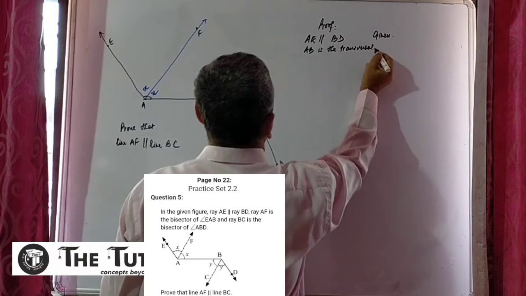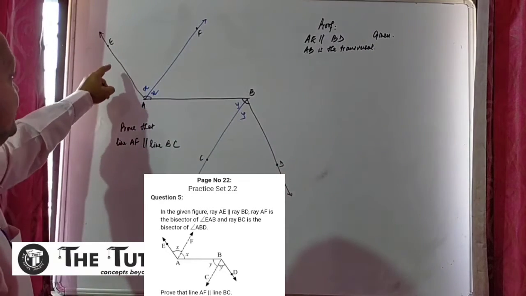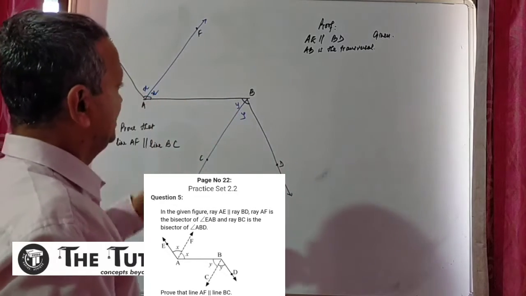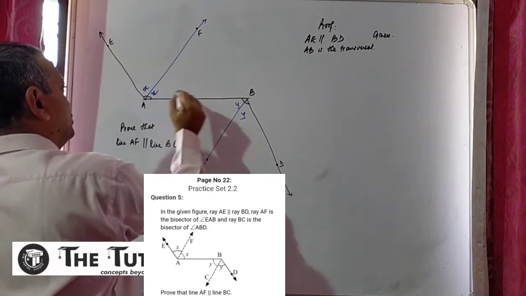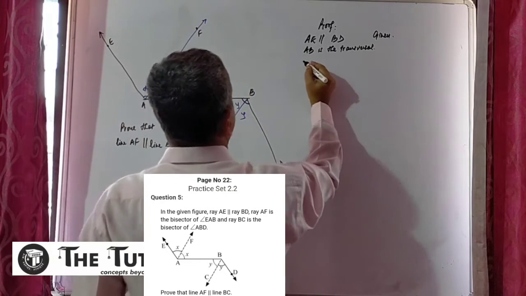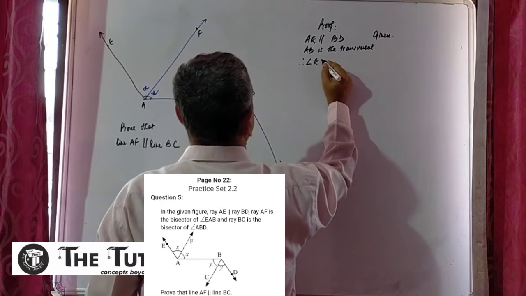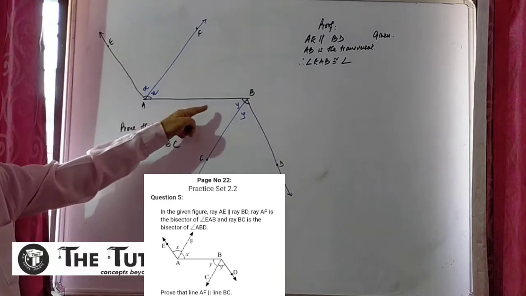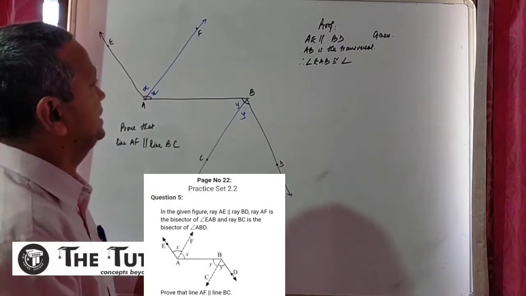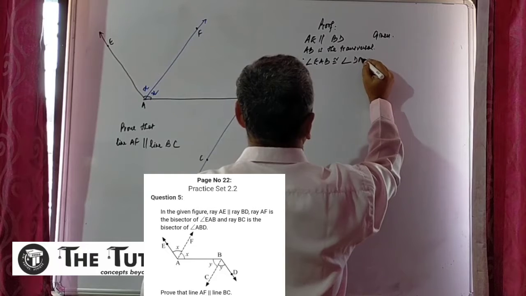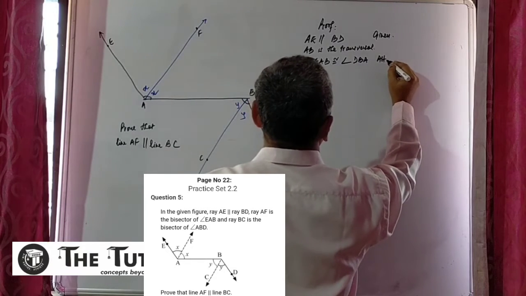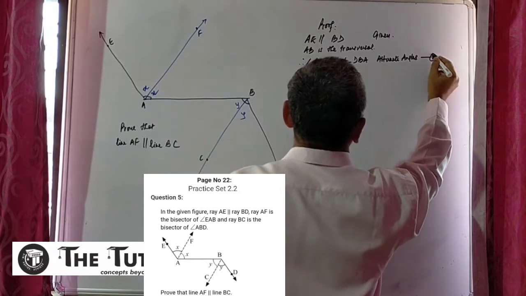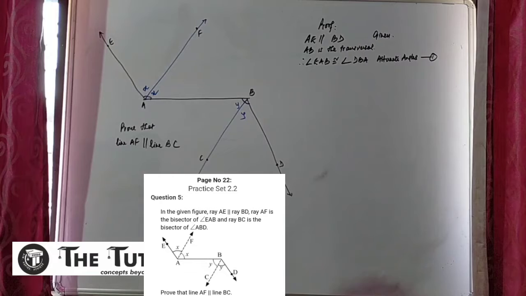AE is parallel to BD and AB is a transversal. So a Z is forming, so these two angles will be common. Therefore angle EAB will be congruent to angle DBA. These will be alternate angles. We give it one. Alternate angles.